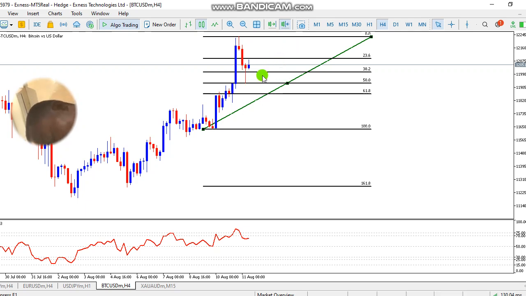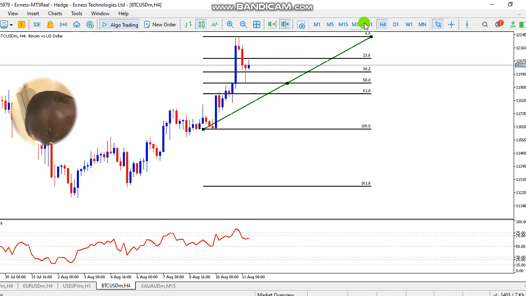So depending on the strength of the market, if it's very strong, after a retracement to the 23% level, the market will continue the uptrend, or the market can retrace to the 38% and then reverse and continue with the uptrend, or it can retrace to the 50% and then start moving to the upside.